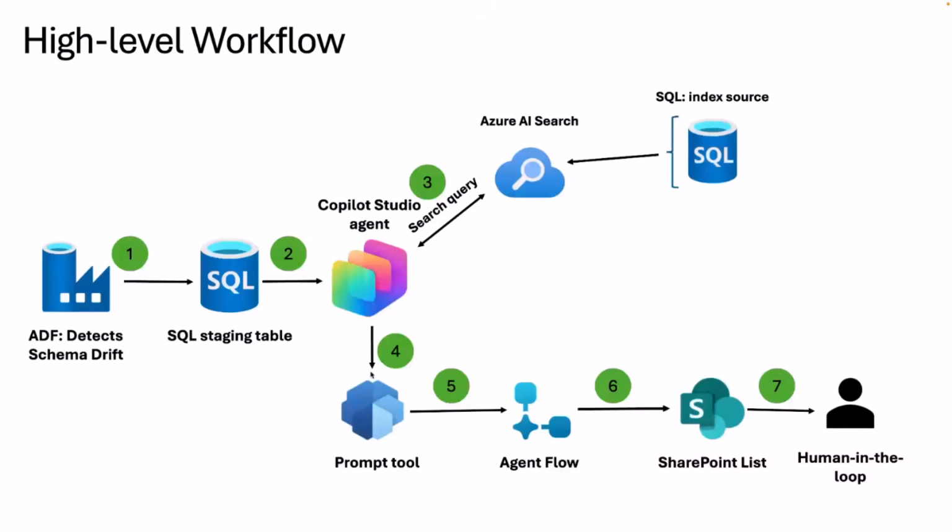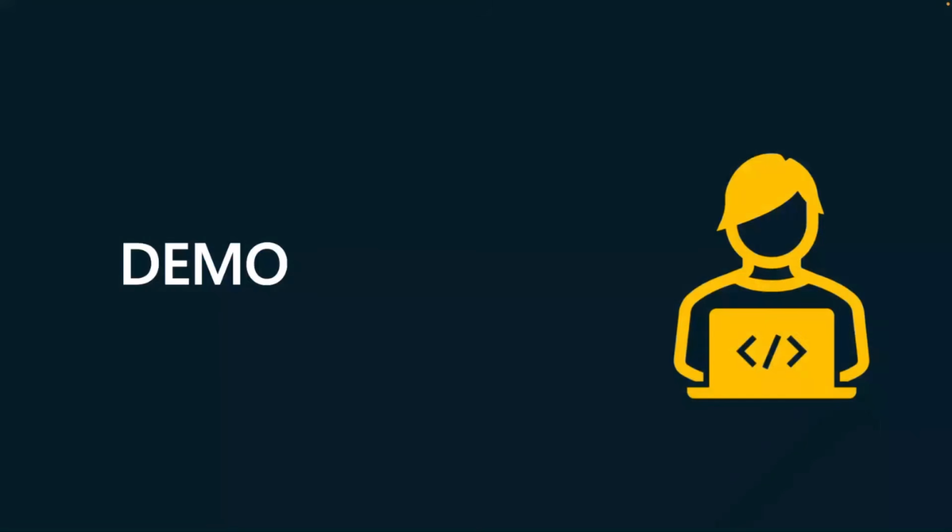The prompt tool will create a suggestion and send it back to SharePoint using an agent flow, and then a human will review and either approve or fix, then approve, and that will be added to the SQL table. There is actually an app, but for this demo, I'm using a SharePoint list. In a real world scenario, you would use, let's say, Dataverse with a model-driven app. That being said, let's go ahead and start.